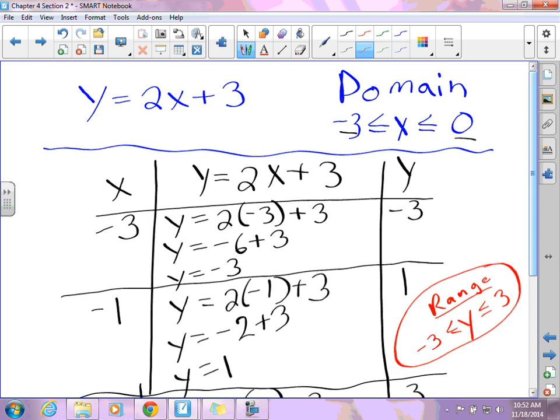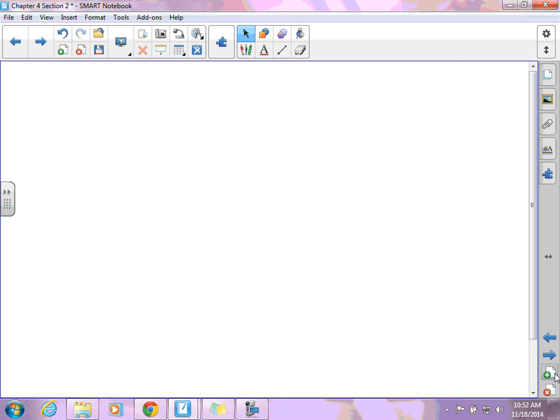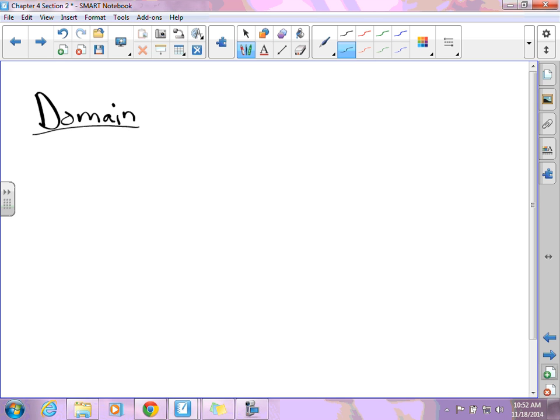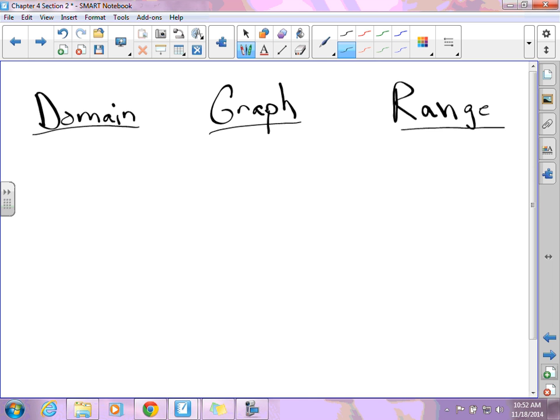All right, I want to give you your cheat sheet. All right, so domain, graph, range. This is just a guideline, right? So if you have something like x is greater than or equal to 2, your graph is going to be a ray.